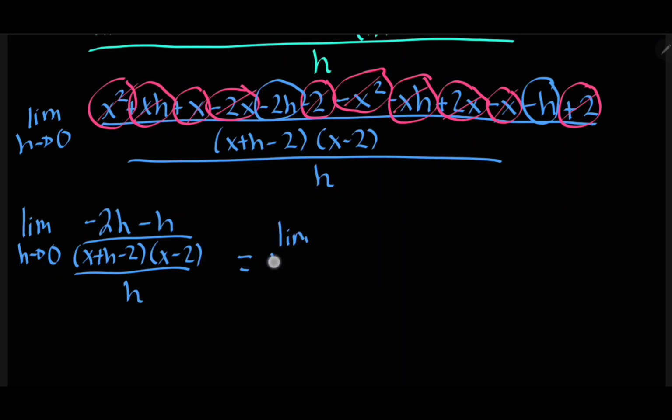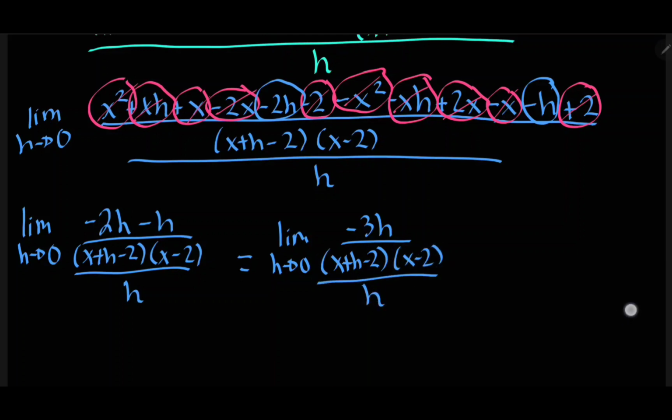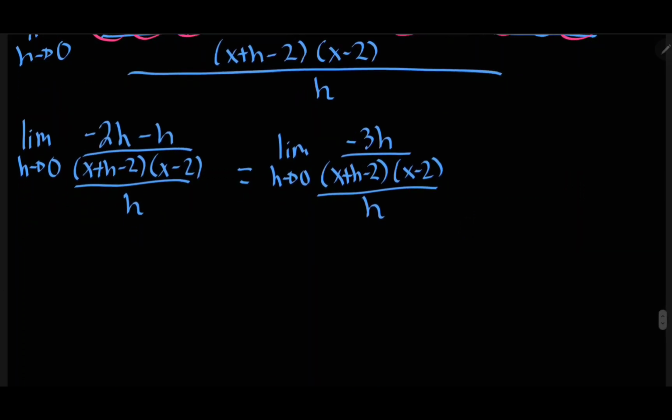So I have the limit as h approaches 0 of negative 3h all over x plus h minus 2 times x minus 2 all over h. This can be rewritten into a division problem, dividing by h over 1, instead of having it on the denominator there. This is the same thing.